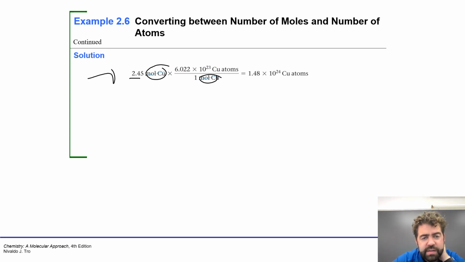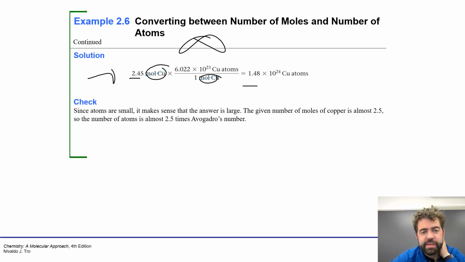Notice I started with 3 sig figs. This is a conversion, so it has infinite sig figs, so we don't care. 3 sig figs there. Use your calculator, and you find 1.48 times 10 to the 24 copper atoms, which you might be saying, who cares? But it actually ends up being important later, I promise. That kind of makes sense because if you think about it, it's 2.5-ish times larger than what we started with.